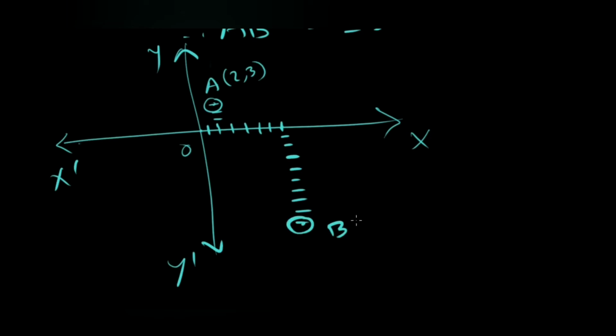So think this is our position of point B according to the coordinate 7 comma minus 9. So we are going to find the distance of these two points. It will be a straight line and it will be 13 units according to the formula, and if we use our graph paper, we can determine the distance from that graph paper also.